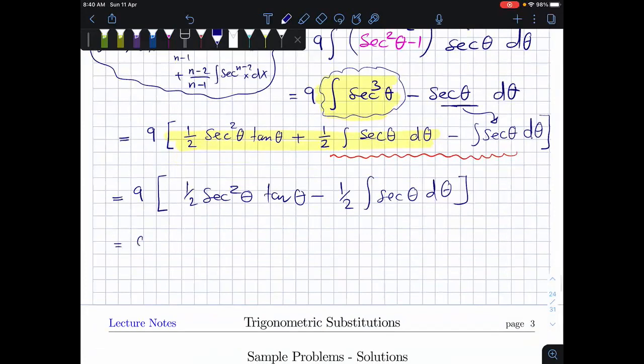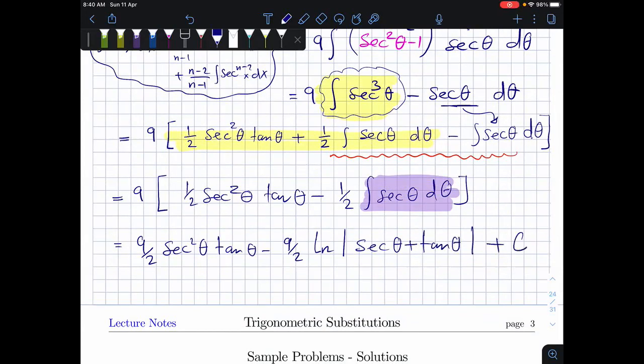Yes, equal to 9 times half is 9 over 2 sec squared theta tan theta minus 9 over 2 the integral of sec, yes, all of us know it, guys. The integral of sec is equal to, yes, it's a rule, ln absolute value of sec theta plus tan theta, okay, and then plus the c.